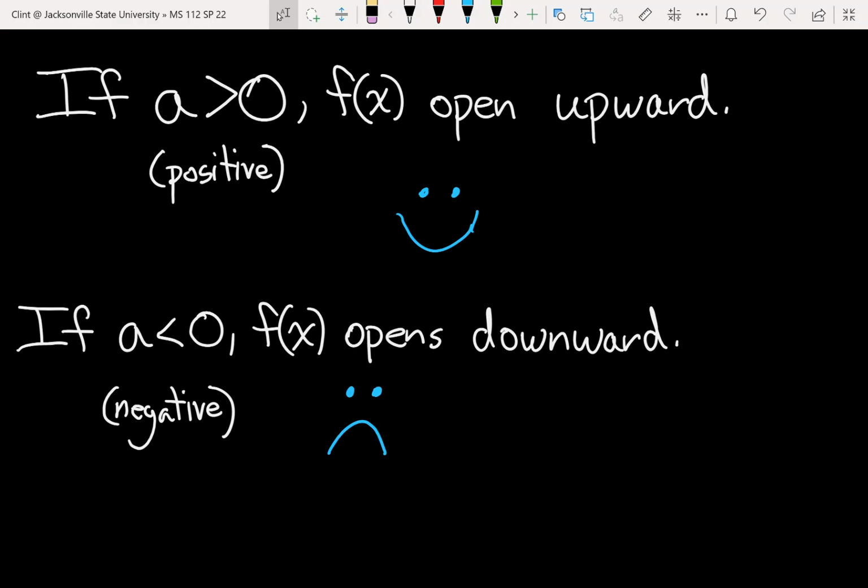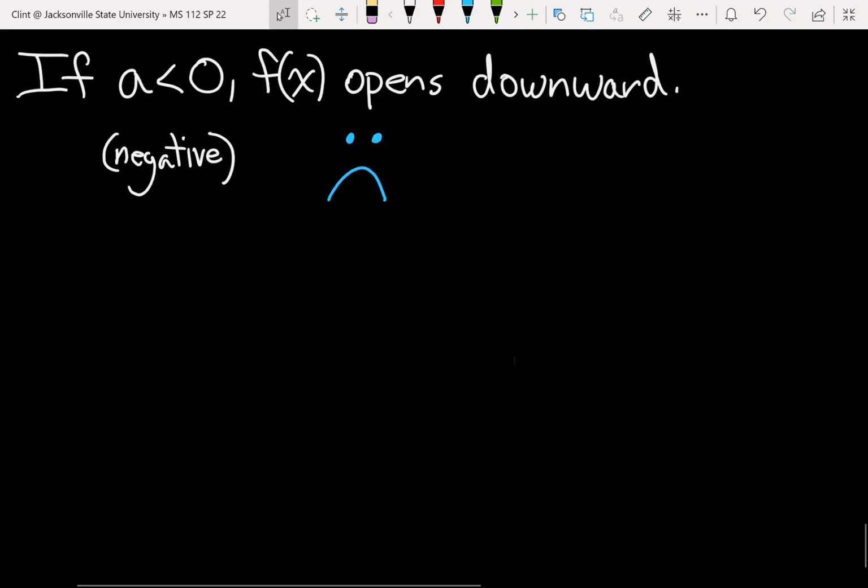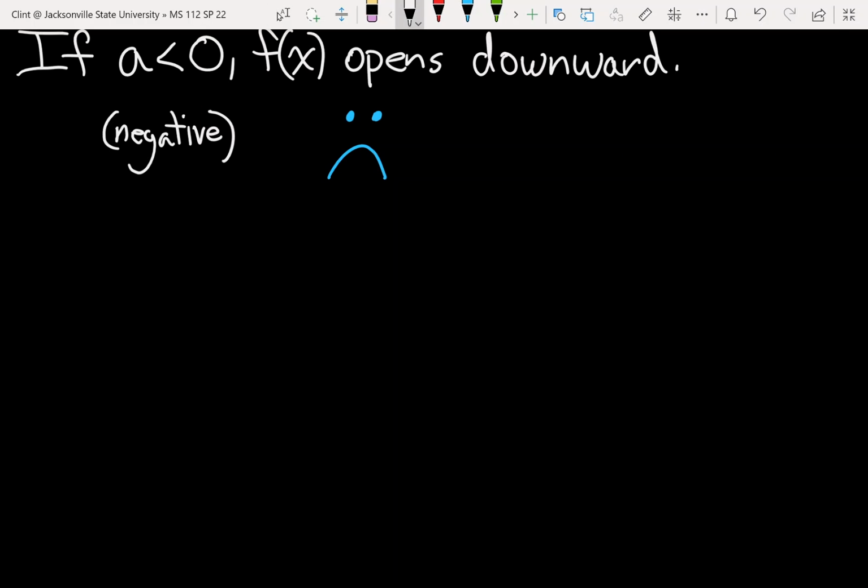The other key piece of information, the vertex, we're going to spend a little bit more time on. A little less familiar. If we have a quadratic written in that second form, it's pretty easy.